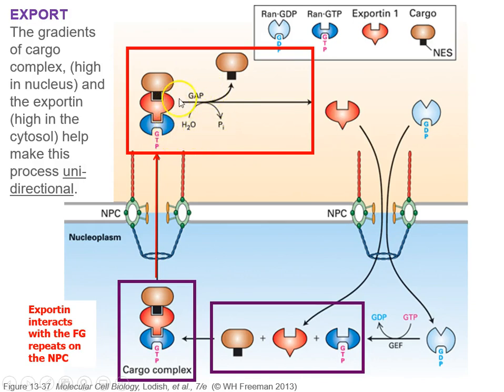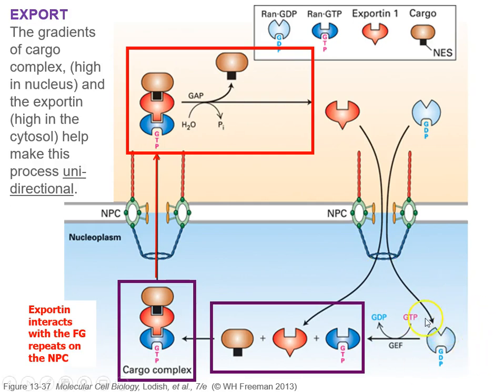So what happens now, remember we said that RAN-GAP is in the cytosol, so we're going to hydrolyze the GTP to GDP, and then that causes the dissociation. So here's our protein, it's going to go off and do whatever it does, but we've released the exportin, and now the RAN-GTP is converted to RAN-GDP, and now both the exportin and the RAN-GDP have to come back into the nucleus to complete the cycle.